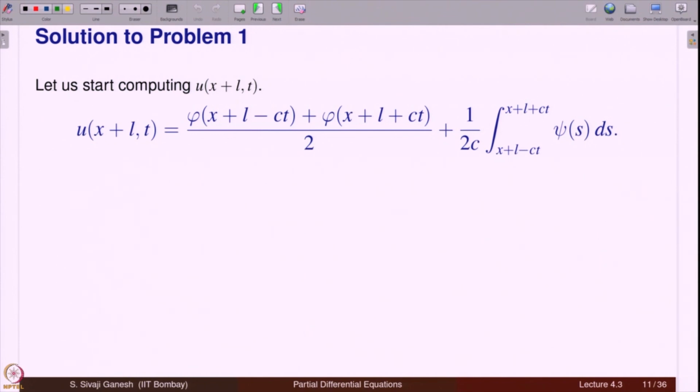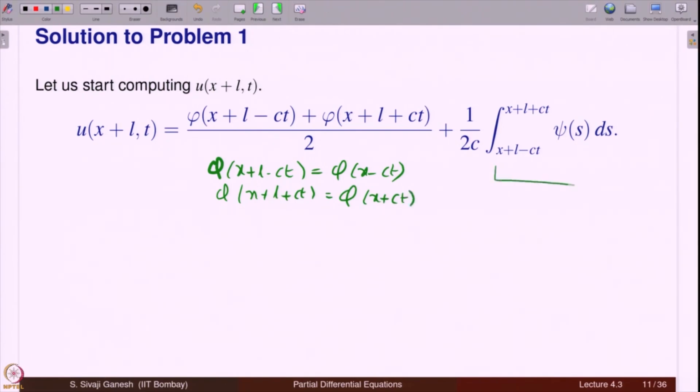Now phi is periodic of period L, therefore phi of x plus L minus Ct is actually phi of x minus Ct. Similarly, phi of x plus L plus Ct is nothing but phi of x plus Ct. And if you look at this integral, once again what is this integral?